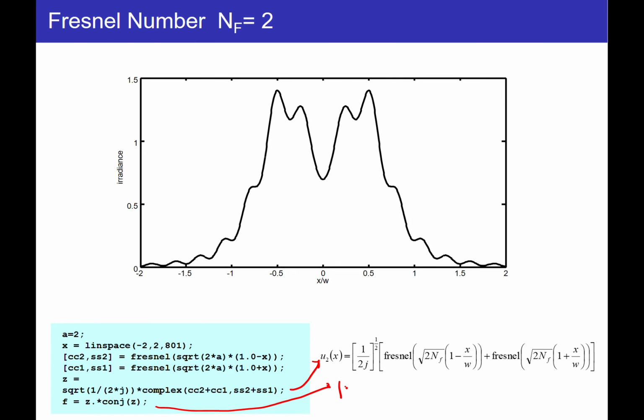This is U2 squared. Okay, and then we plotted the U2 squared. Here is the f, actually plot f. Now you can see that a little bit strange looking pictures are shown.